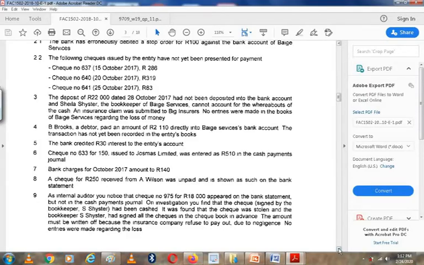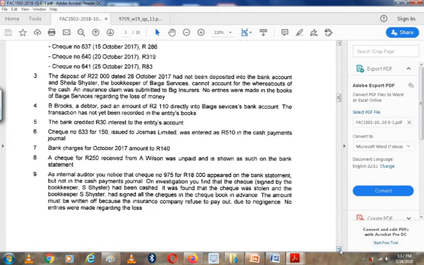Right, so this money has already gone out of our bank statement. And you have noticed that the check appeared on the bank statement that you have paid 18,000, but not on your cash payments. So all you have to do here is to put it on your cash payments because it's not there. The money has already been embezzled, so it's gone.